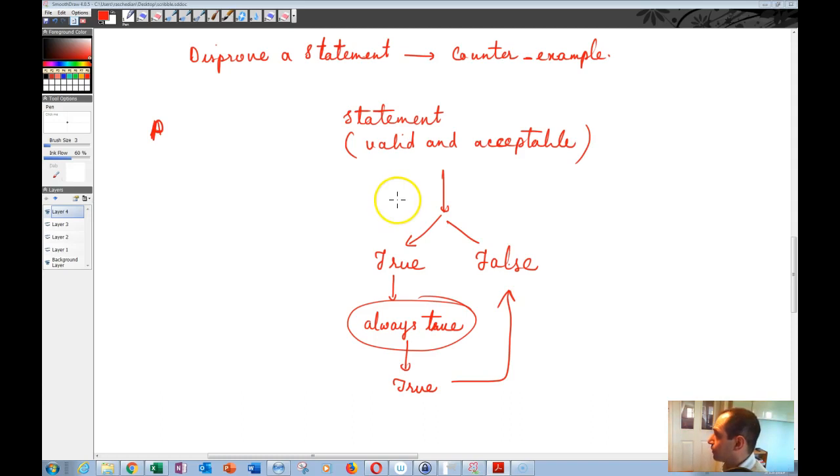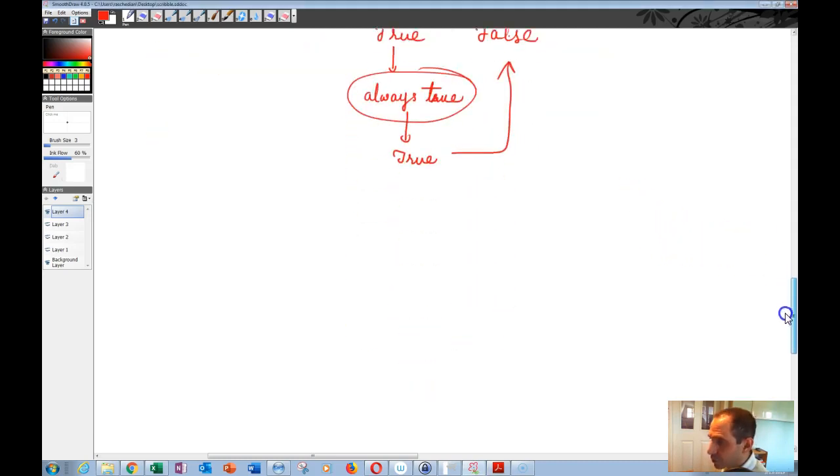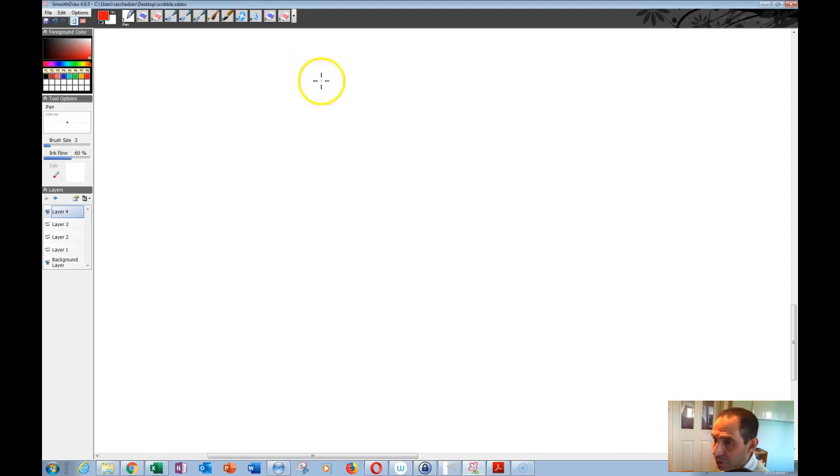So for example, if you want to make this discussion a little bit more mathematical, let's say that you have a statement that says the sum of two odd numbers is odd.